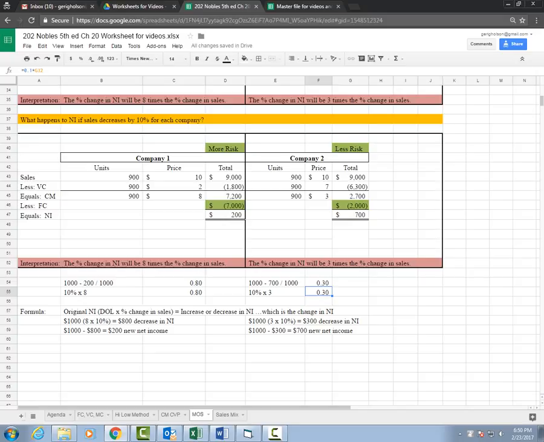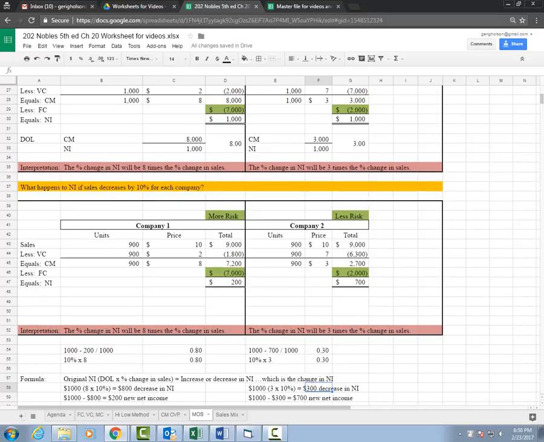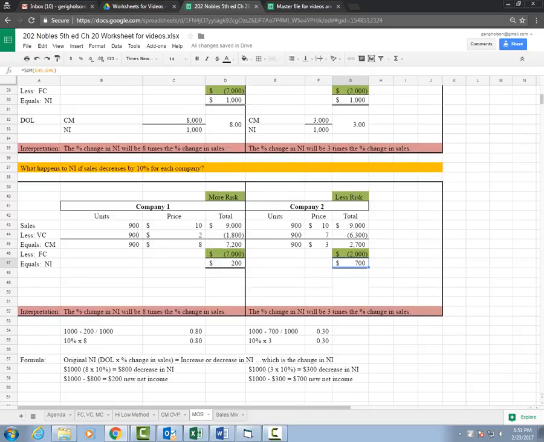So here, how much will net income decrease? It's 1,000 times 30%, or 300. And it did decrease by 300. It went from 1,000 to 700. What does the new net income become? 700. And you can always do the proof and make it work.